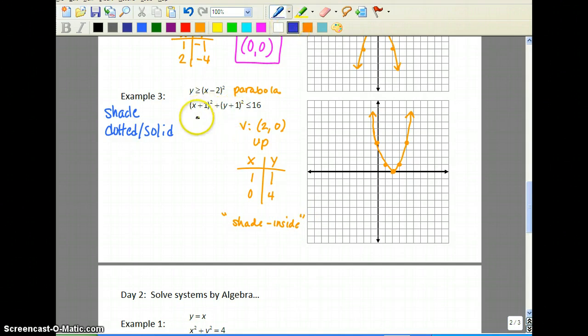Alright, this is going to be a circle. So I know that the center of this circle is negative 1, negative 1. And I know that the radius of the circle is 4. So 1, 2, 3, 4. And it should be solid.